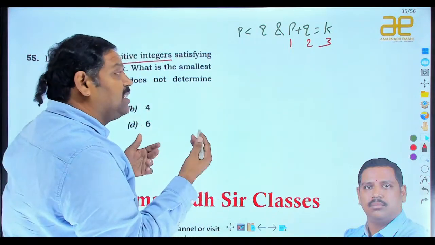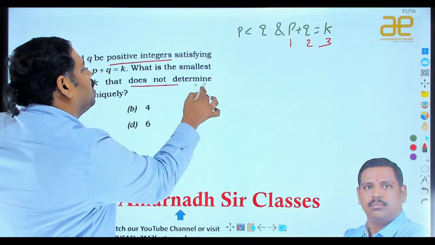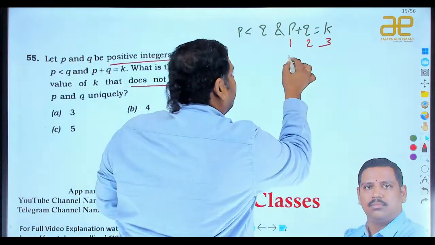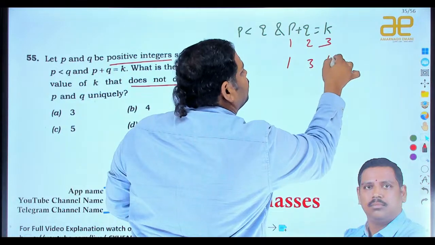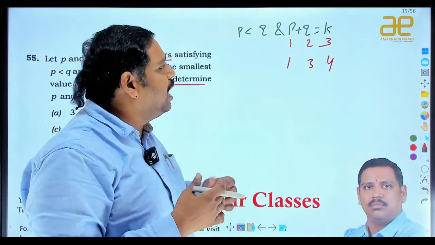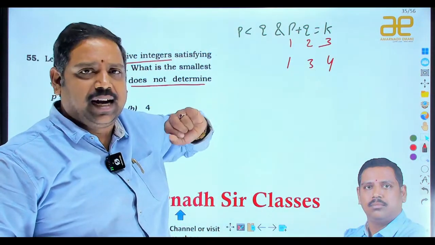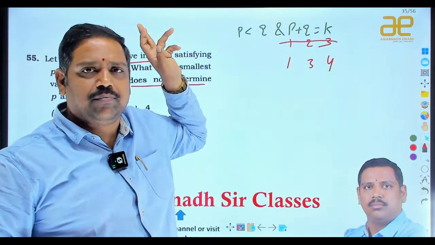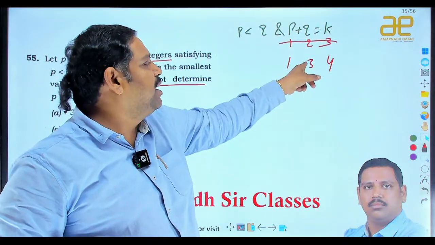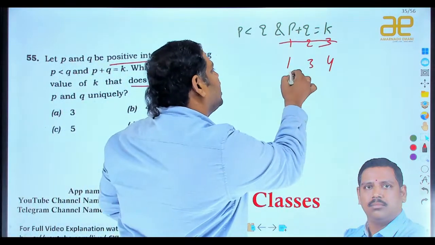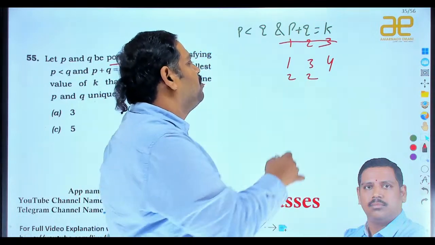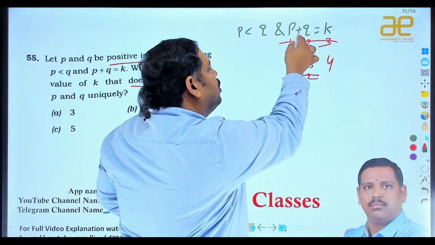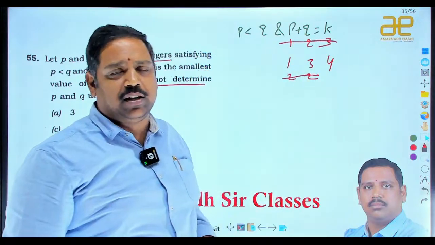That means it is determined, unique values, but he's saying it should not determine them. If K is 4, it is 1 and 3, one possibility. To get sum 4 as 2 and 2 is not possible because P should be less than Q. So if K is 4, you get unique values of P and Q, that is 1 and 3.